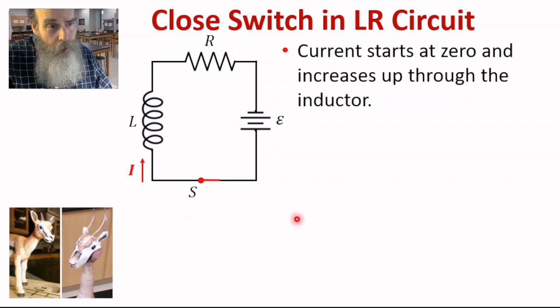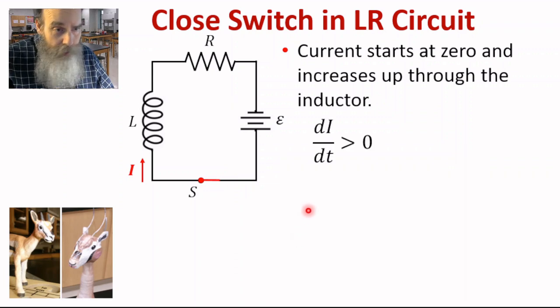Now, the current starts at 0, and then it starts to increase. Now, the inductor needs to oppose that change in current. So di by dt is greater than 0. And so the inductor is going to act like an EMF, with the positive terminal at the bottom and the negative terminal at the top.